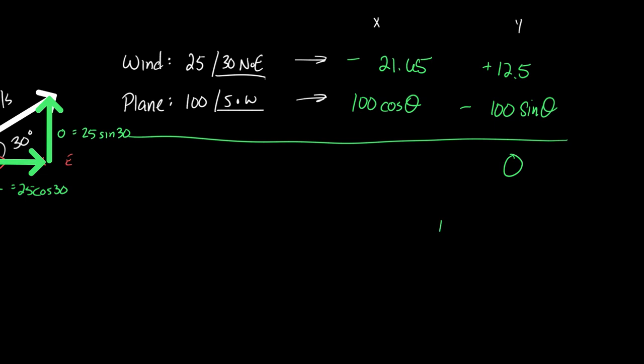So 12.5 minus 100 sine theta equals 0. So 12.5 divided by 100 gives theta equals 7.2 degrees.